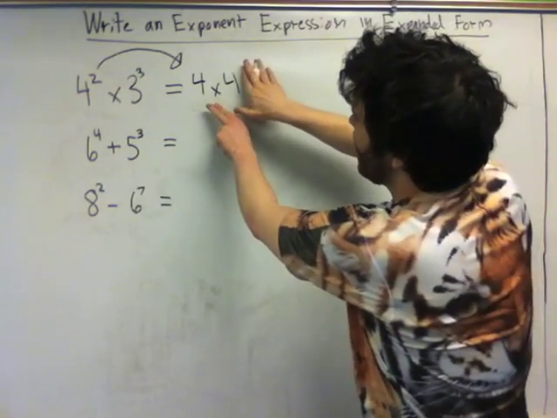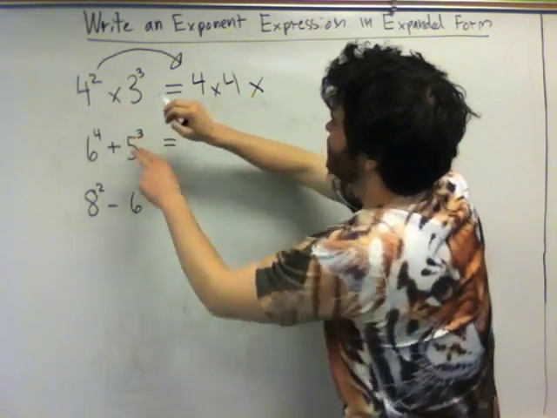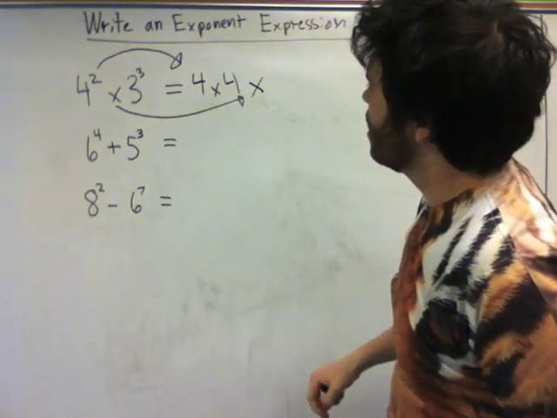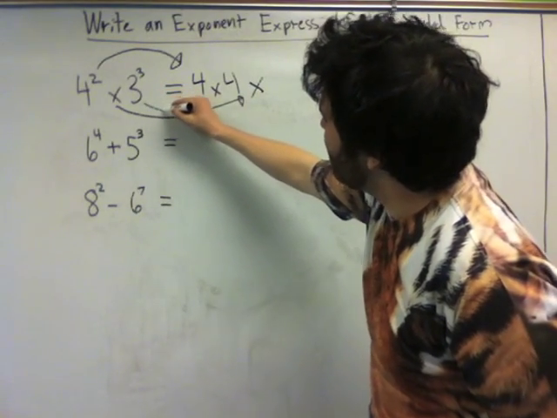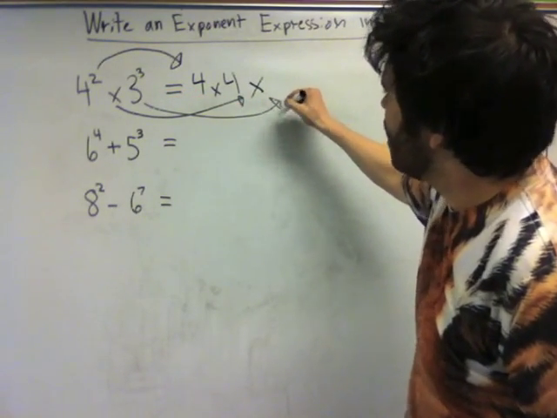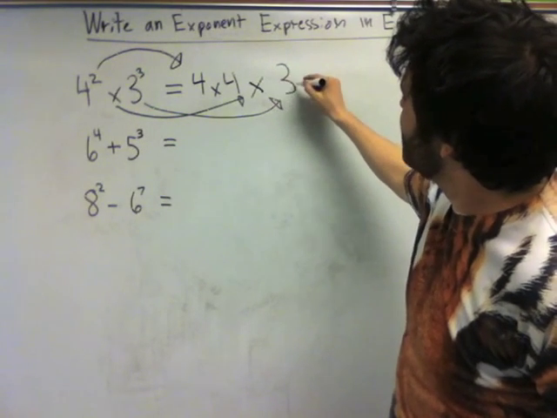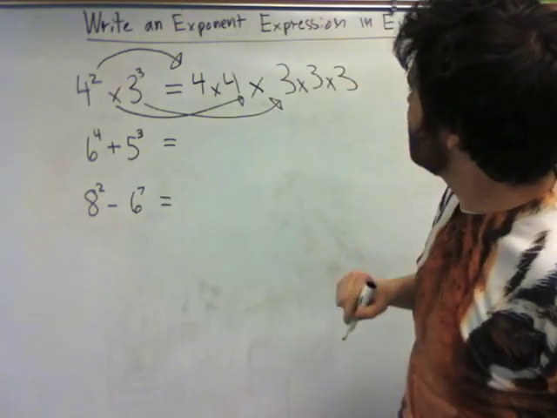So remember, we got 4 times 4. That's just from the 4 squared. And now this multiplication has got to come in right there. And now what do I need to multiply it by? Whoop, 3 to the third. So now I'm just doing my 3 times 3 times 3.